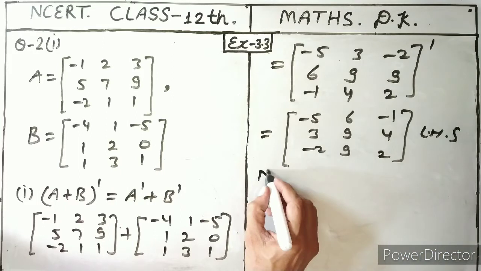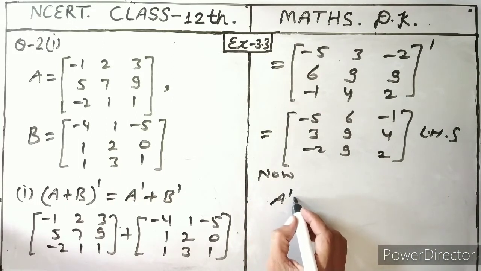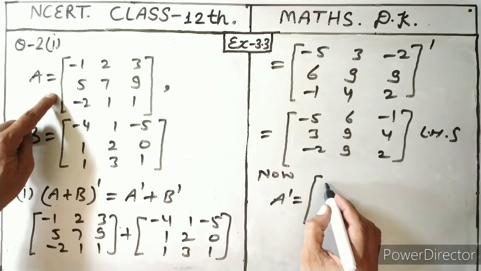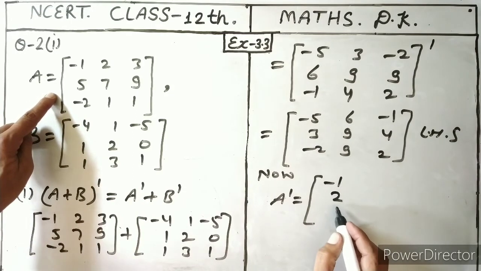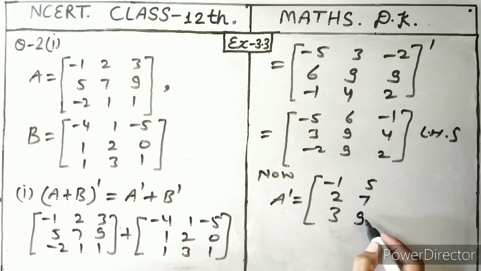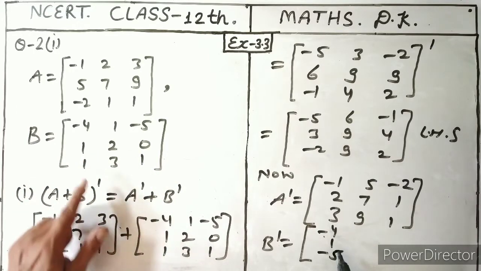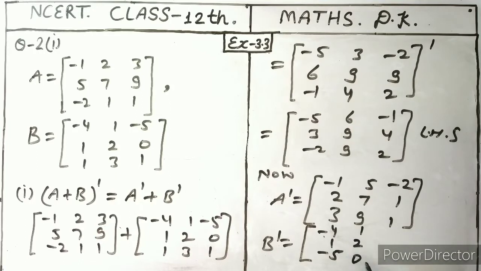Now A transpose. A transpose of this matrix is -1, 2, 3, 5, 7, 9, -2, 1, 1, and B transpose is -4, 1, -5, 1, 2, 0, 1, 3, 1.